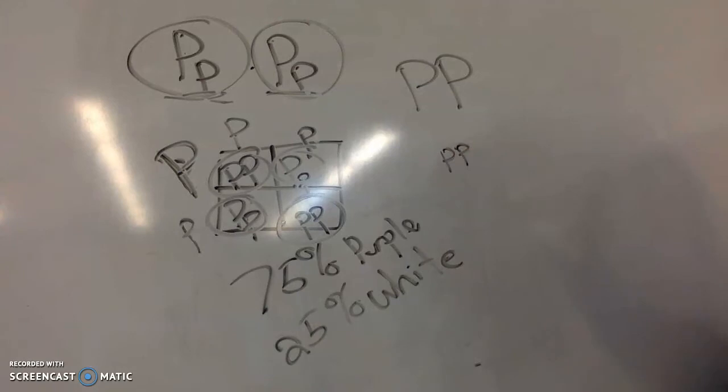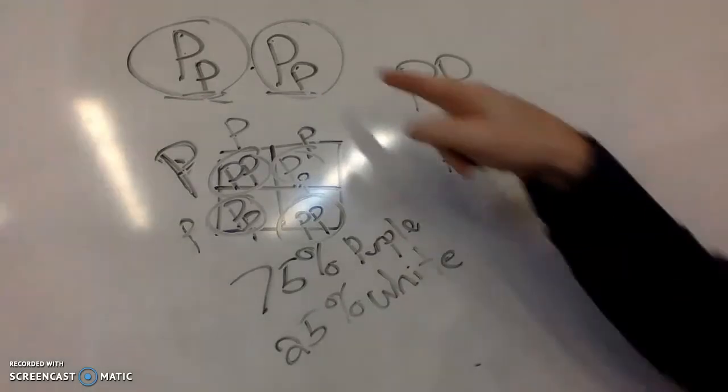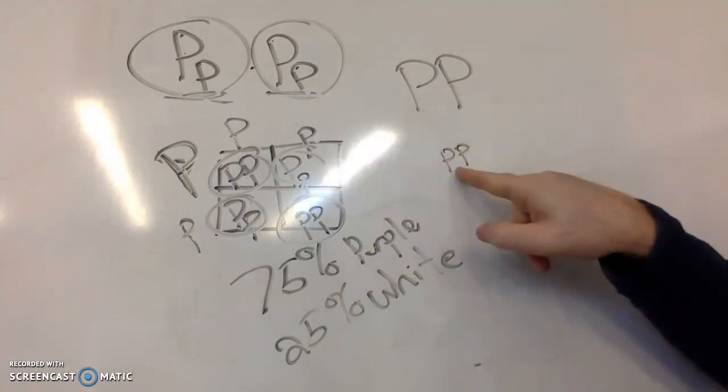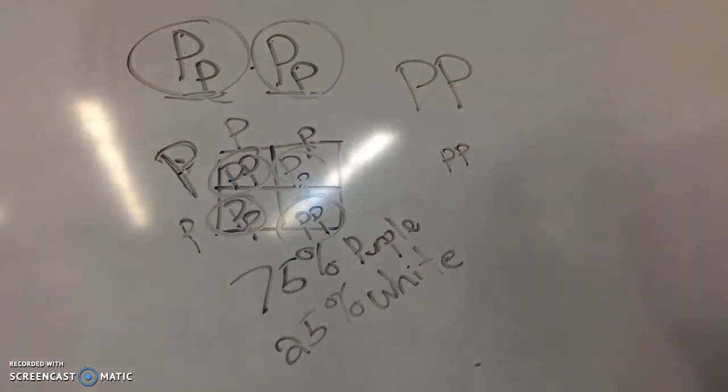Two little letters. In any genetics problem that you get, the problem should tell you whether an individual is heterozygous, or homozygous dominant, or homozygous recessive. That should be embedded in the problem, and you use those words to help you set up the Punnett square.